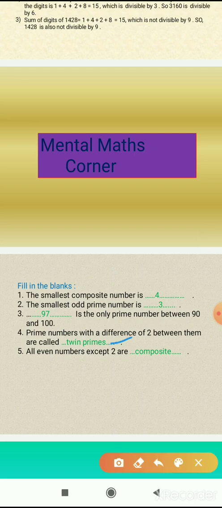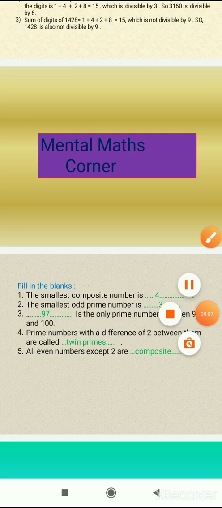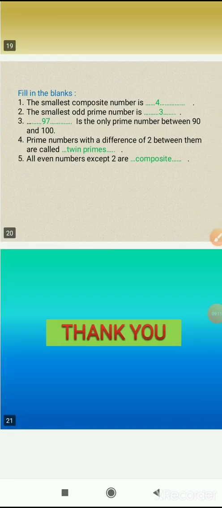So here we fill the blank with twin primes. And the fifth one is all even numbers except 2 are composite. Understood? So here we have solved all examples.